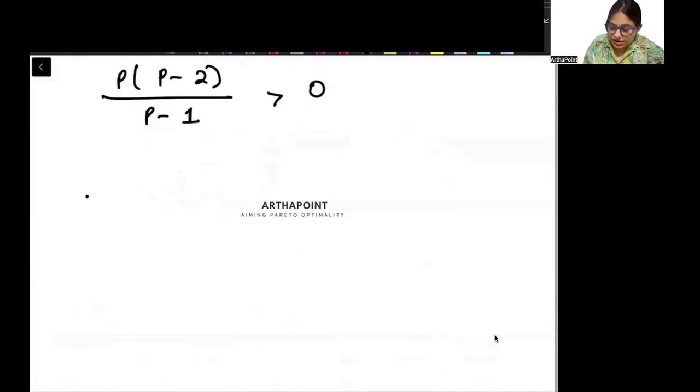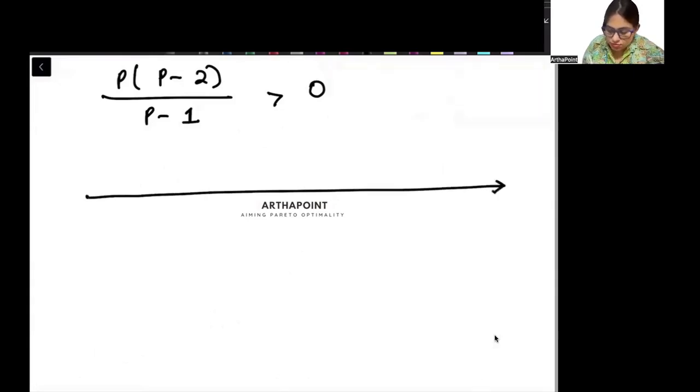we will go ahead and create a number line. Okay? And we will again put each one of them equal to 0. So p equal to 0, so p will be 0. p minus 2 equal to 0 means p will be 2.